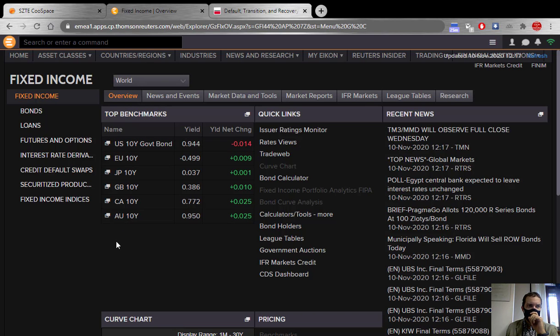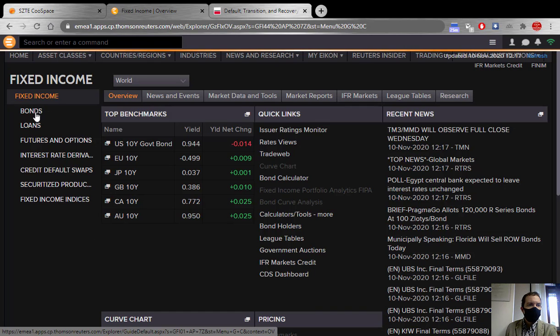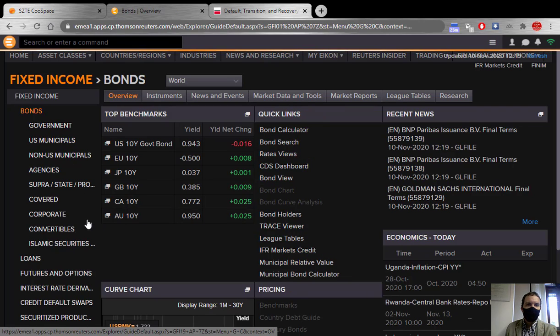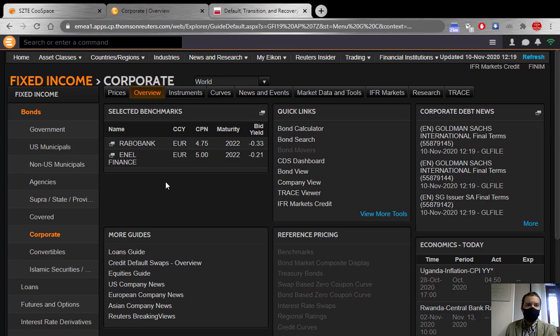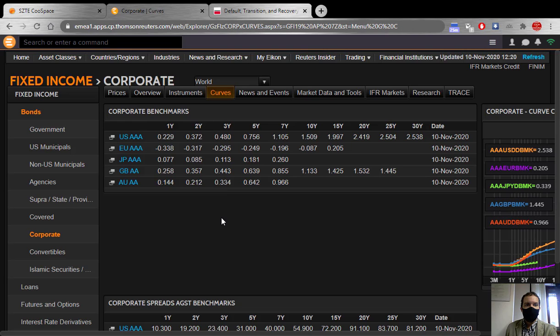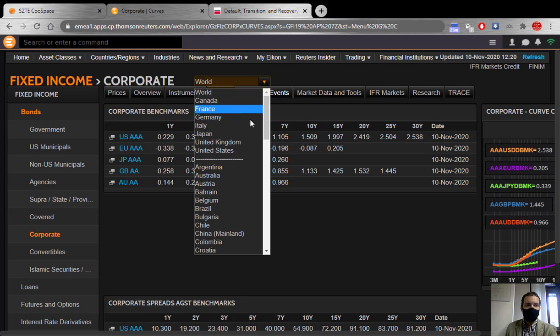If you check Thomson Reuters, we go for bonds, corporate bonds, and instruments, curves, yes, and then we can go to Germany.